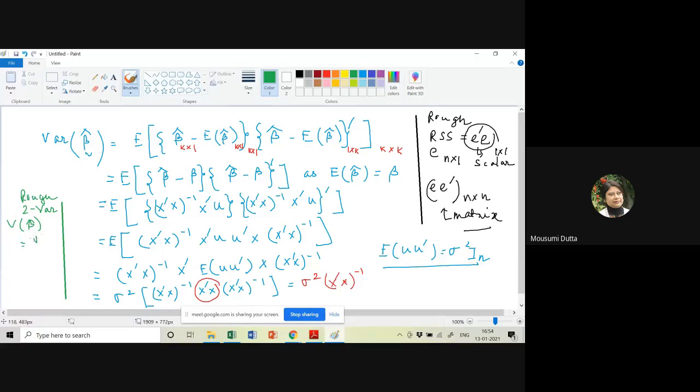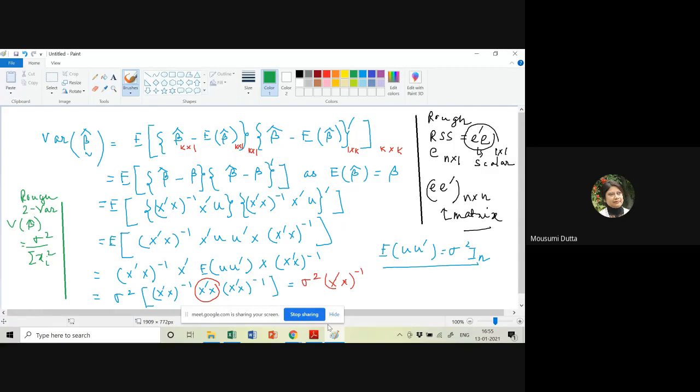It was sigma square divided by summation xi square. And here, in terms of the matrices, we are getting a similar concept: sigma square X prime X inverse. Here we are getting the entire variance covariance matrix of beta hat.